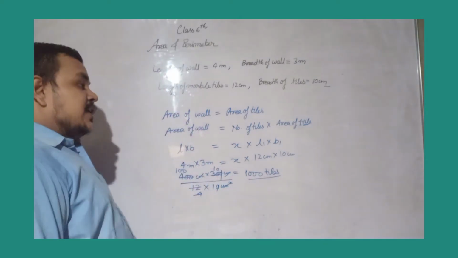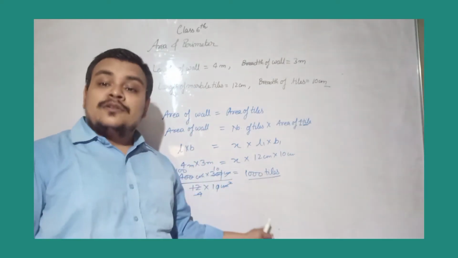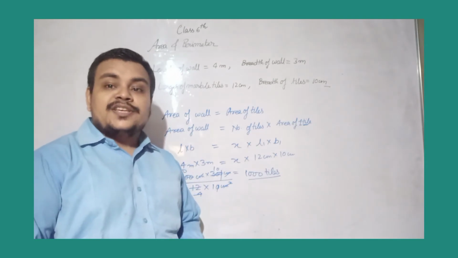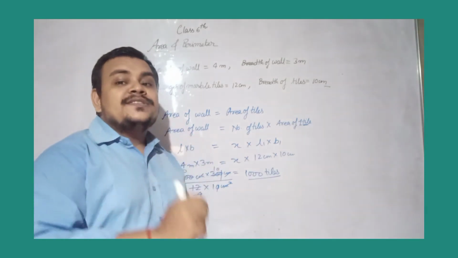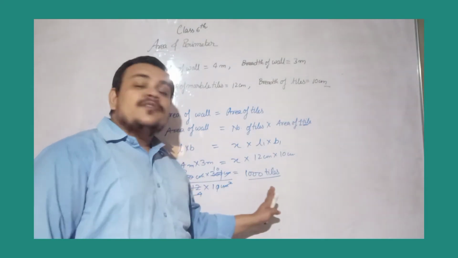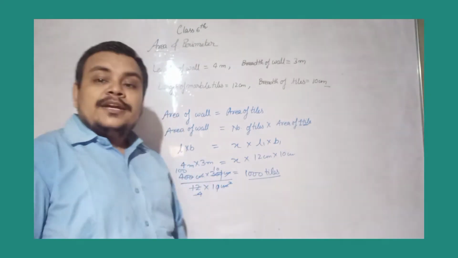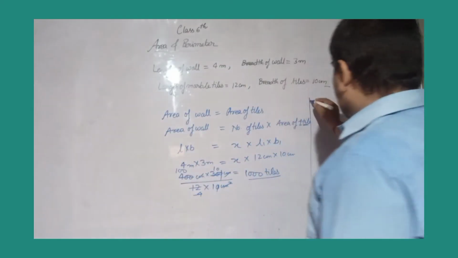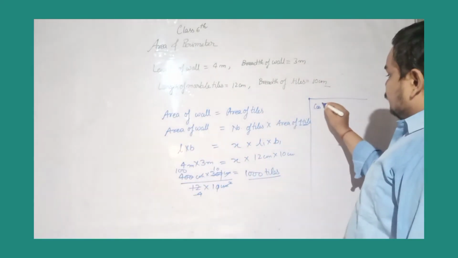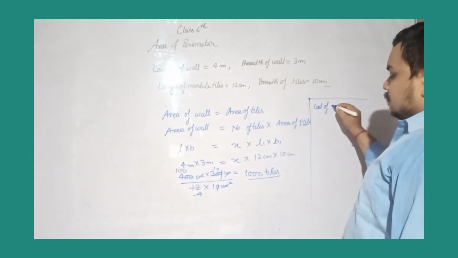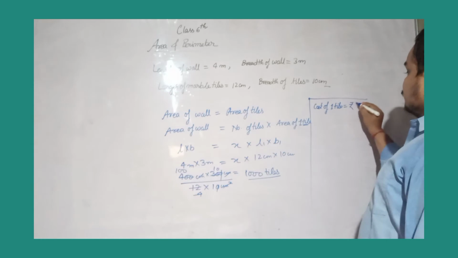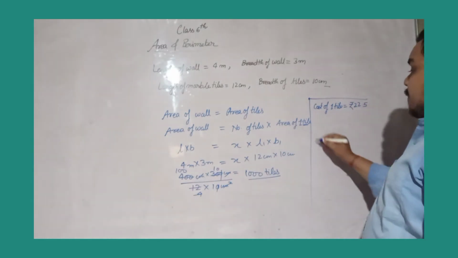1000 tiles have been used on that wall, and it is telling that if one tile's cost is given as 22 rupees 50 paise, then what will be the cost of the total tiles? Then cost of one tile is equal to 22 rupees 50 paise.